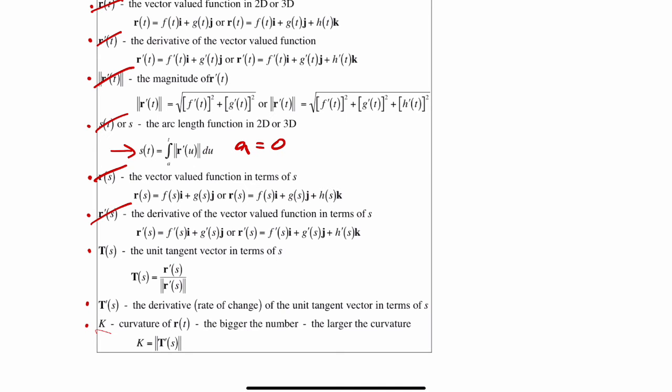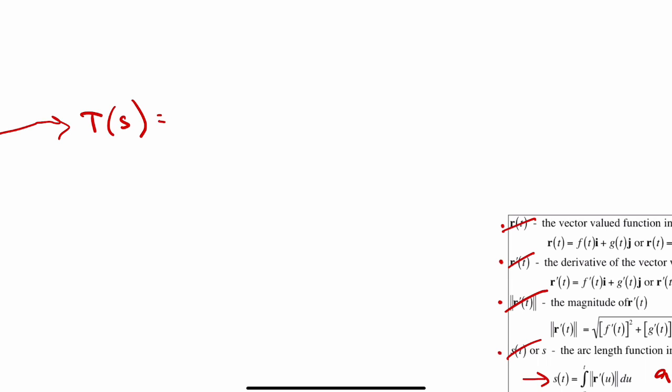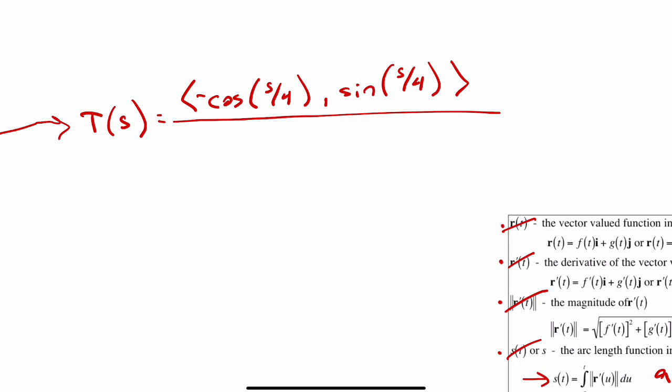Now we can find t of s, which is r prime of s divided by the magnitude of r prime of s. R prime of s was negative sine of s over 4, comma, cosine of s over 4. And the magnitude of that would be the square root of both of those components squared.